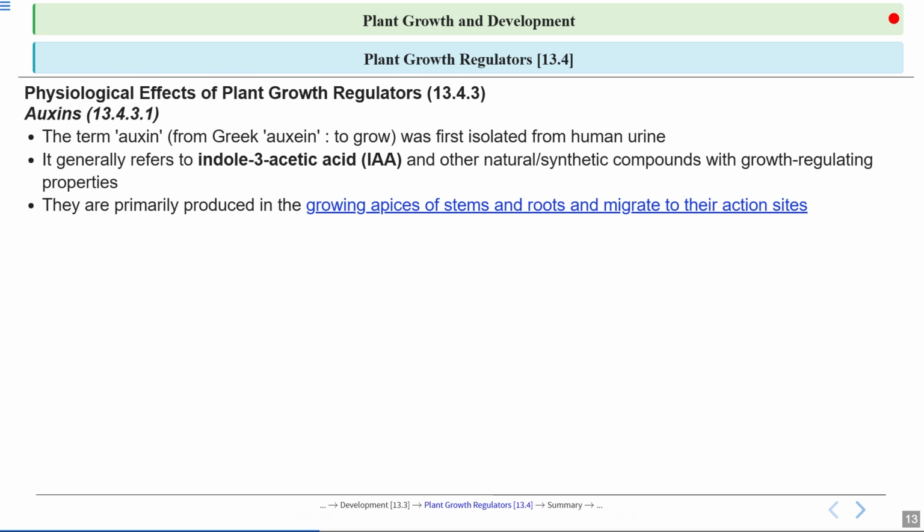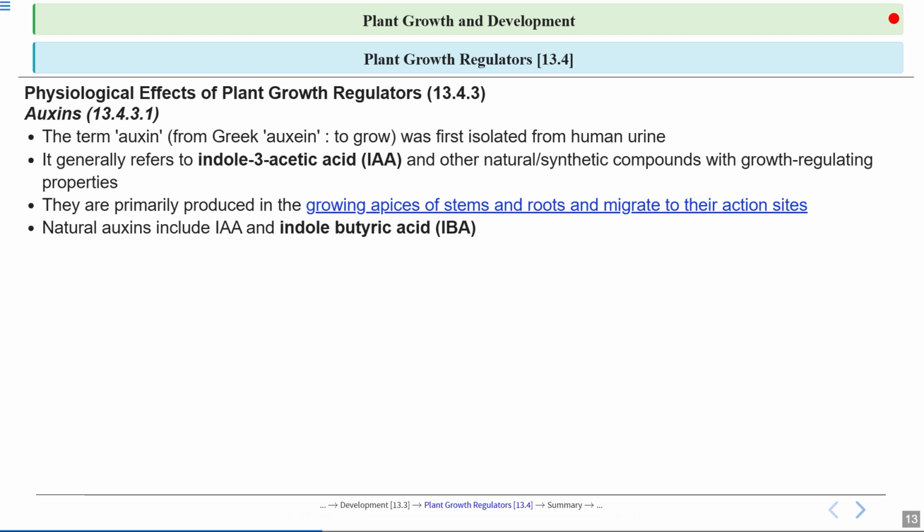Now the question is, at which place in the plant is auxin produced? It is produced at the apex of the plant, at the apices of both the stem and the root, right? And from there it can migrate to any place where there is a requirement for auxin.